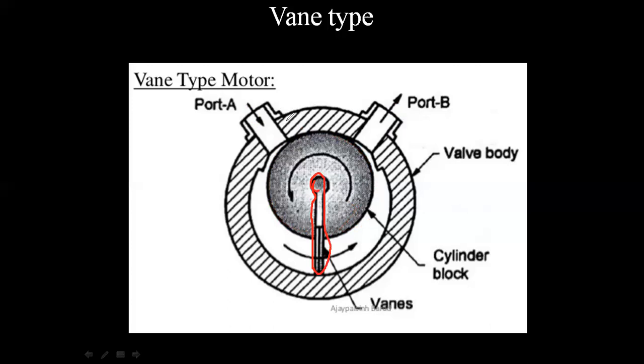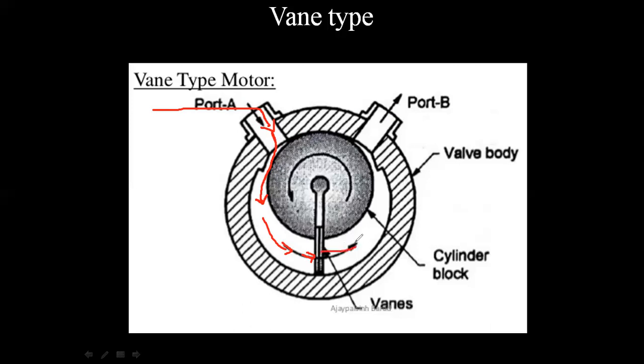Now, the highly pressurized liquid from the pump flows to port A. Initially the cylinder block will be in this position. As soon as the fluid enters, it fills here and strikes the vane. When it strikes the vane, the cylindrical block also tends to rotate.